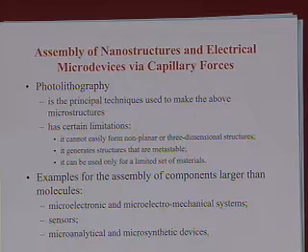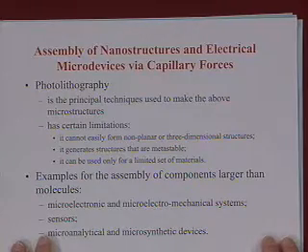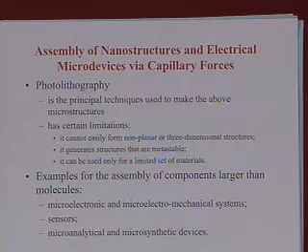For the techniques available to make electrical devices, people normally use photolithography, which is the principal technique used to make the microstructures for electrical devices. But this technique has certain limitations. First, it cannot easily form non-planar or three-dimensional structures.